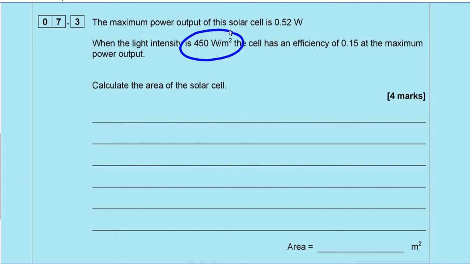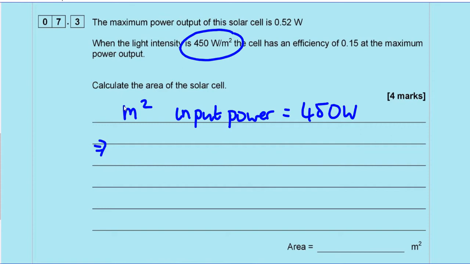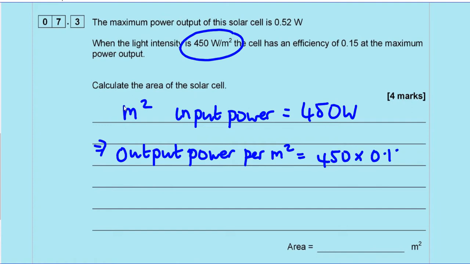Okay, so what that means is for every meter squared, the input power is 450 watts. Okay, so I'm told the efficiency is 0.15, so then the output power per meter squared is going to be 450 times 0.15.